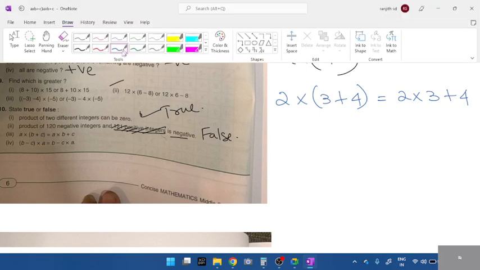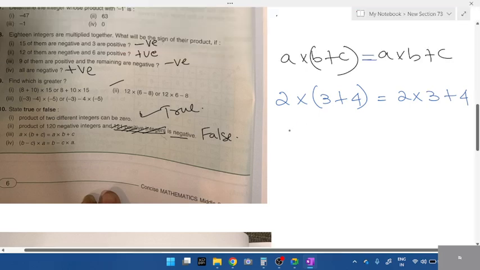Solve this question. Solve the bracket. 2 into (3 plus 4). What is 3 plus 4? According to board maths, bracket 7. 2 into 7 is 14. Now solve the right hand part.